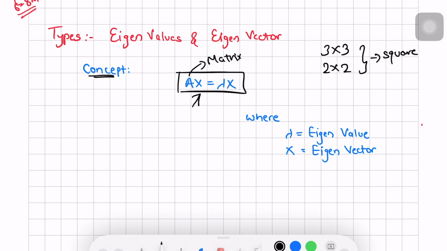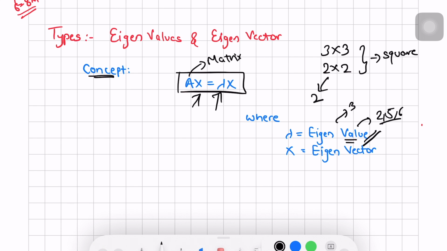In this equation, A is a matrix, and lambda is the eigenvalue. The eigenvalue can be an integer like 2, 5, 6. Depending upon the size of the matrix, you will get the eigenvalues. If it is a 3 by 3 matrix, then you will get 3 eigenvalues. If it is a 2 by 2 matrix, then you will get 2 eigenvalues.